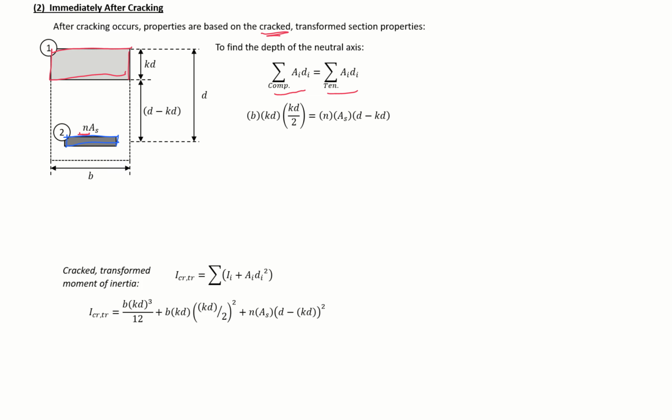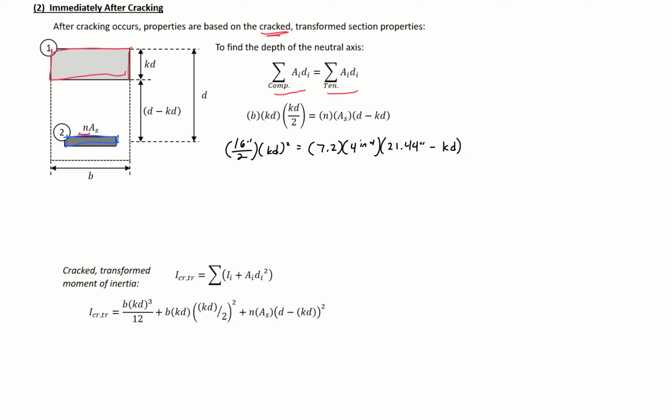So we'll have B over 2, so 16 inches divided by 2, times KD squared equals 7.2 times 4 square inches times 21.44 minus KD.